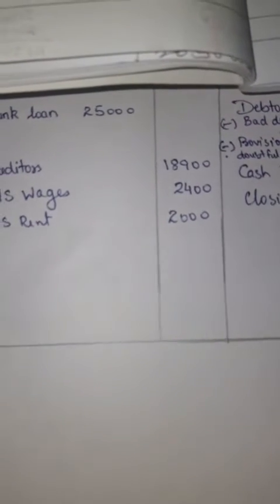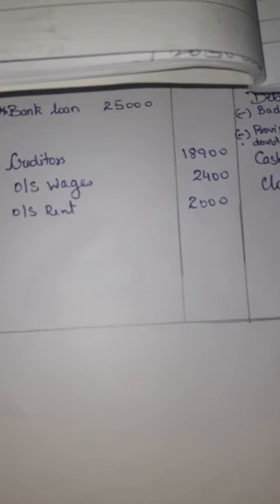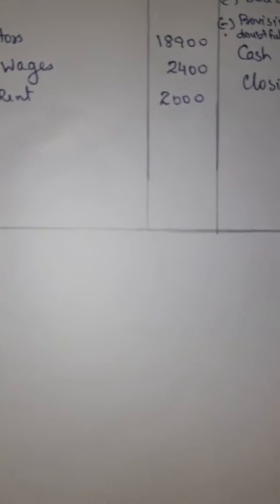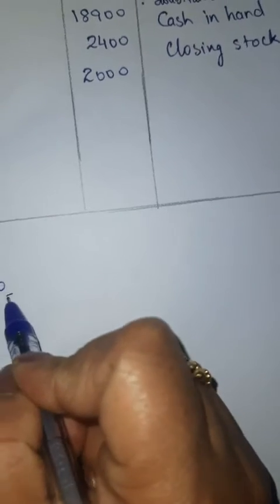Now the next adjustment is insurance premium is paid per annum ended 31st May 2020. Regarding insurance premium, what is referred is insurance premium is paid per annum. Per annum means for a year. So for 1 year, insurance premium is 3,600 given to you. So for 1 month, what is the premium?